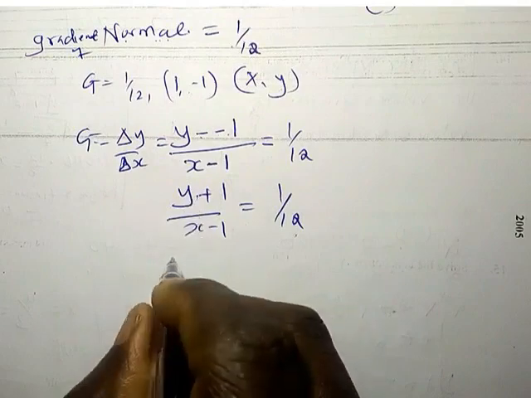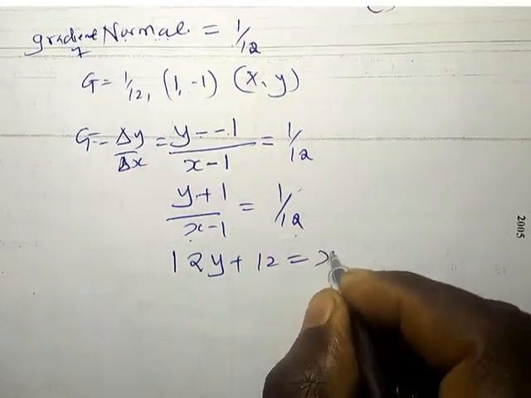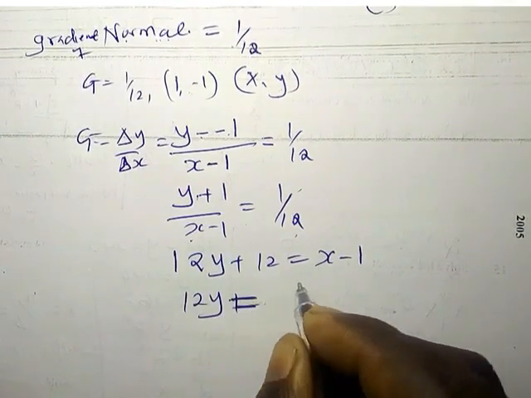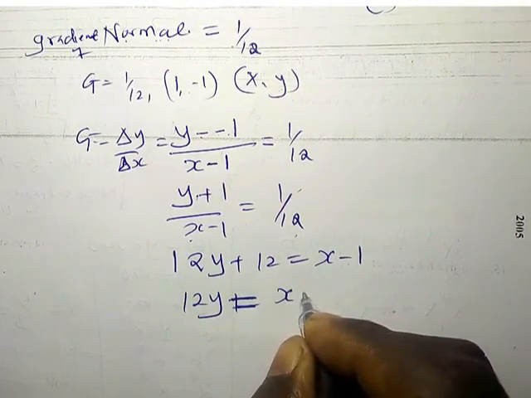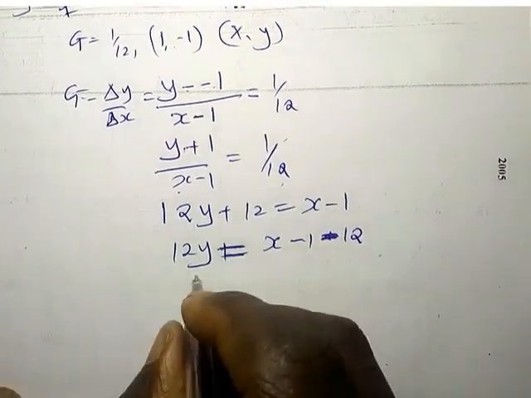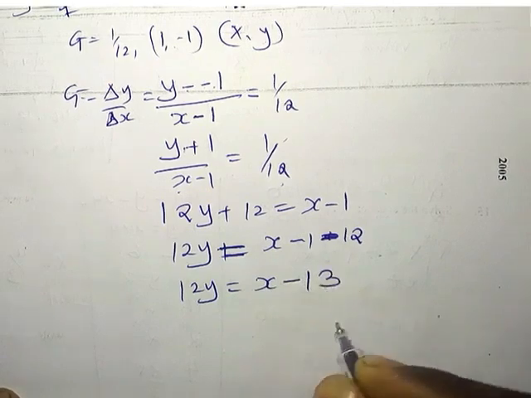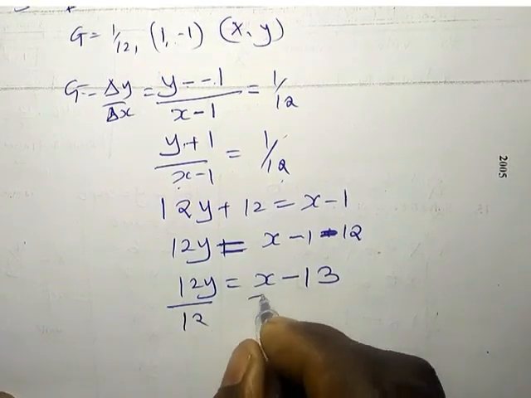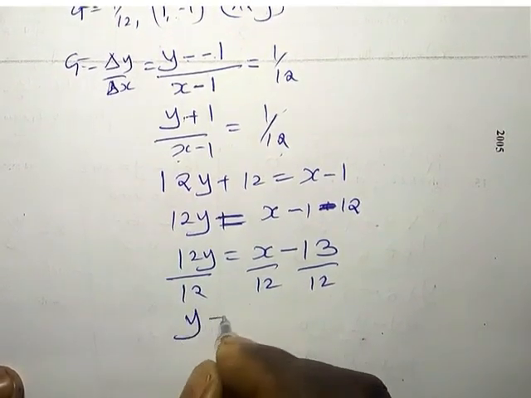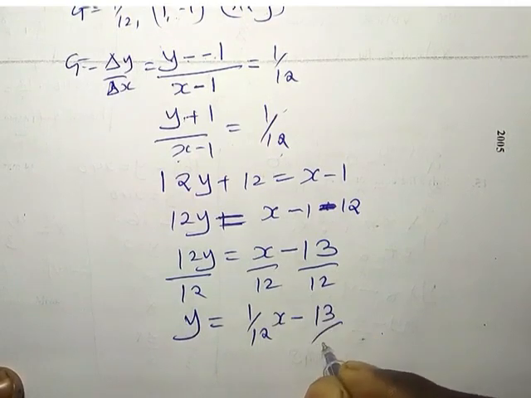So this times this, we will have 12y plus 12 equal to this times that, x minus 1. 12y is equal to x minus 1 minus 12. So 12y is equal to x minus 13. Divided by 12, divided by 12, divided by 12. So y is equal to 1 over 12 x minus 13 over 12.